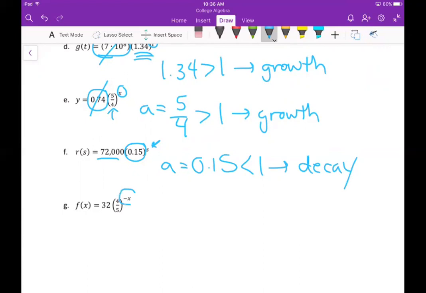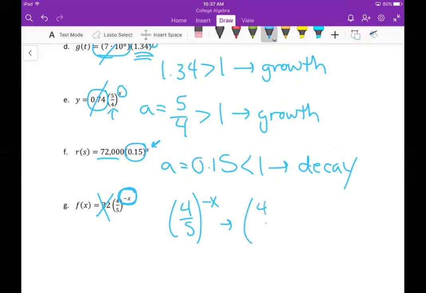On the final one, did you notice the exponent isn't alone? We don't think about 32 when we're thinking about exponential growth versus decay. We're focused on just that exponential term. So we're thinking, okay, how can we get 4/5 to the negative x to just have a positive x on it? We break away that negative again.